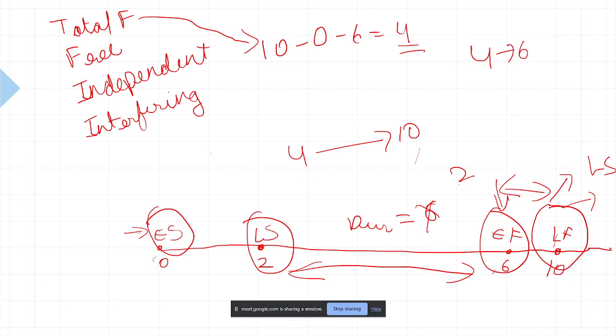Okay, free float. From early start to late finish, you had this much time to complete your activity, so that if this part was done in the perfect manner, and the rest of the part is also done in the perfect manner, you have this much scope. But you can't ensure that the future activities will be done in the perfect manner, I mean, that they won't get delayed.